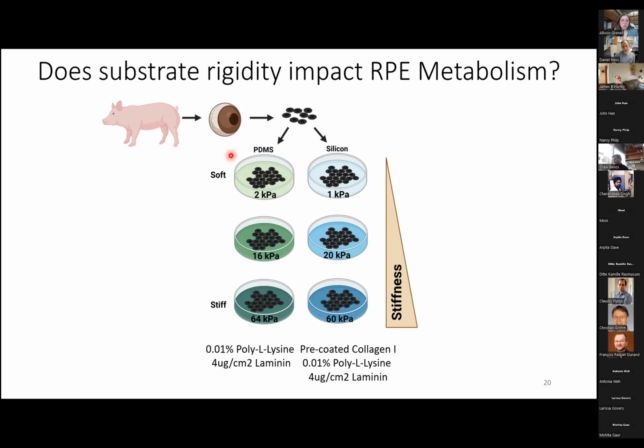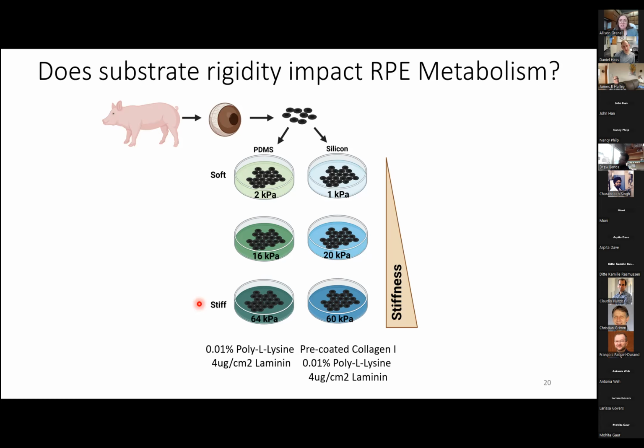The softest is 2 kilopascals, corresponding to the softness that we found in our mutant eye cup. Our intermediate stiffness is 16 kilopascals, which is closest to the physiological conditions that we found. And the most rigid substrate is 64 kilopascals. I wanted to include this because some have found that in AMD, there's actually an increase in stiffness.